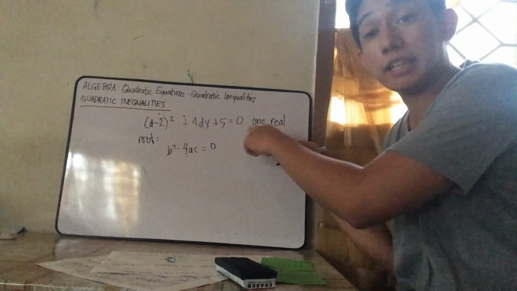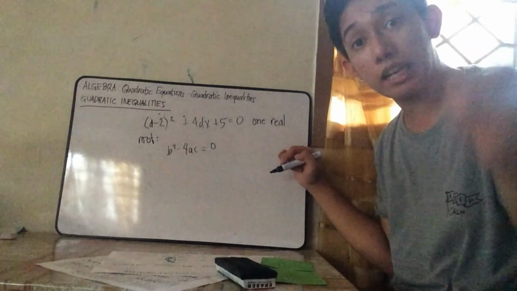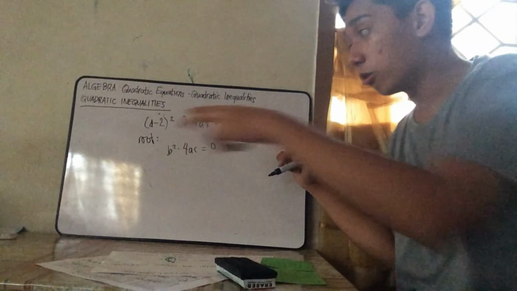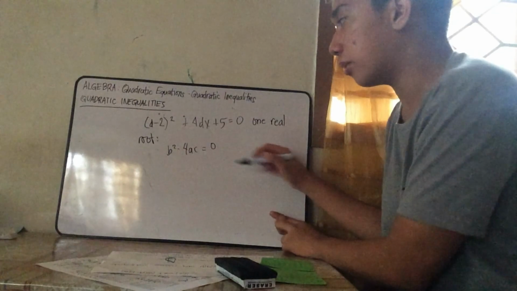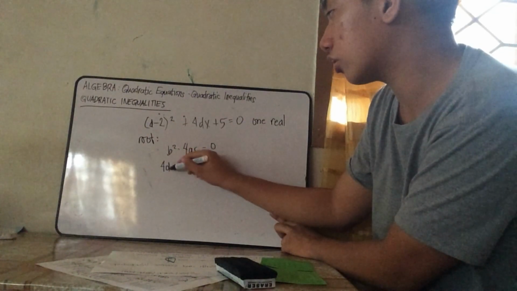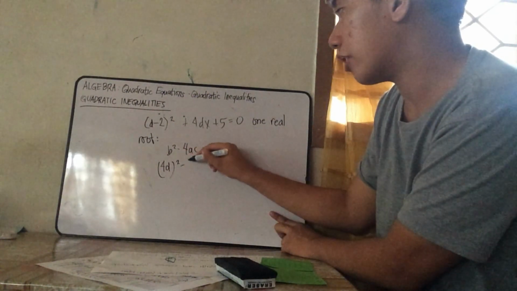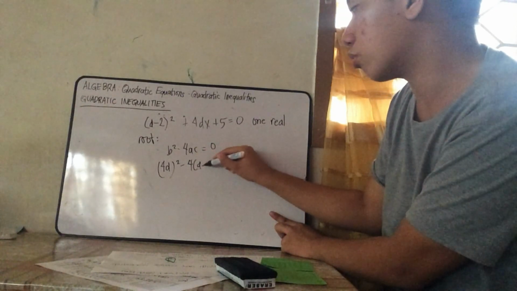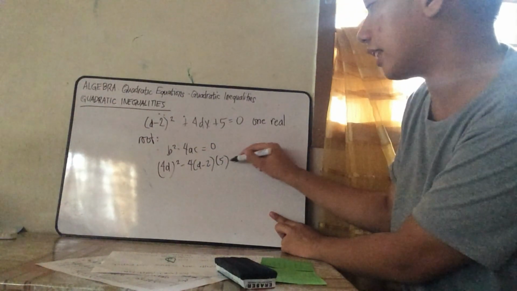Bakit equal to 0? Kasi diba, cases ng one real root is the discriminant should be equal to 0. So again, we plug in the numbers. This will become 4d squared minus 4 times d minus 2 times 5 is equal to 0.